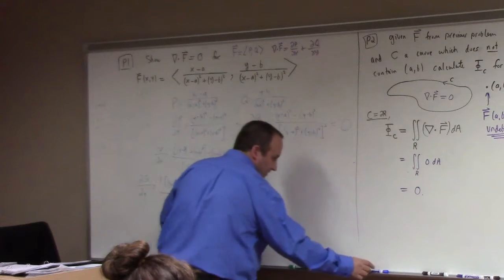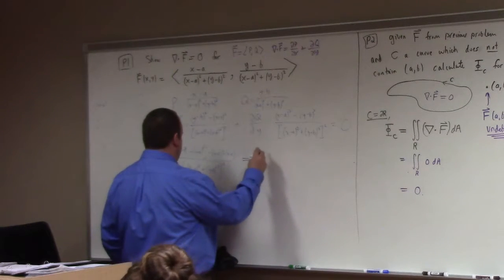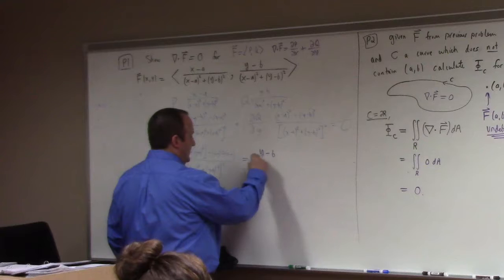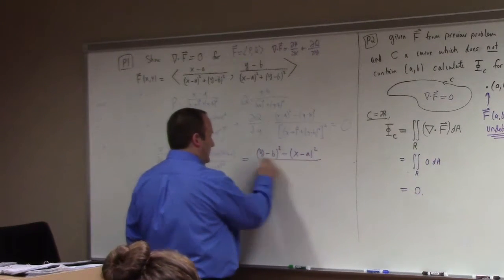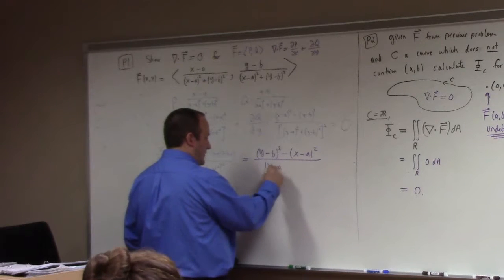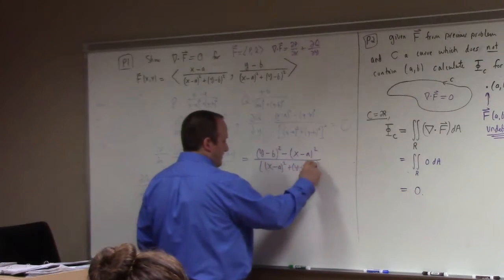After the dust settles, we've got (y minus b) squared minus (x minus a) squared, over ((x minus a) squared plus (y minus b) squared) all squared.